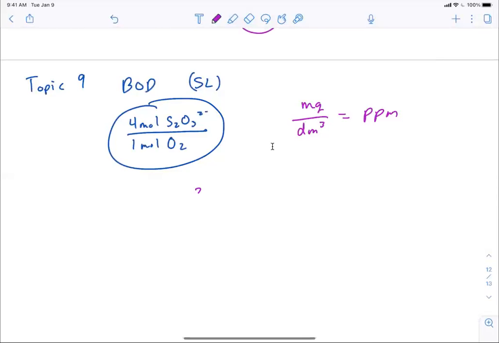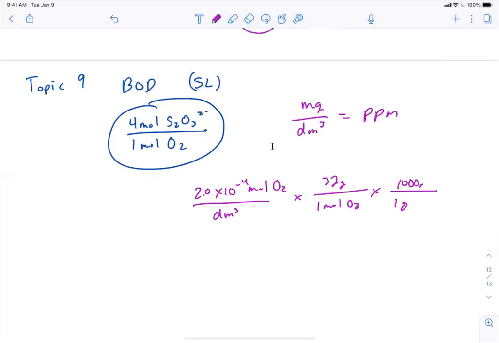So if it's like 2.0 times 10 to the negative 4th moles per decimeter cubed of O2, you have to say 1 mole of O2 is 32 grams, and then 1 gram is 1,000 milligrams. So that would be 6.4 parts per million left.